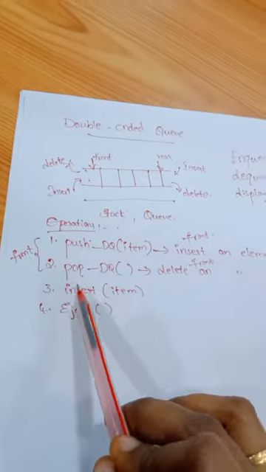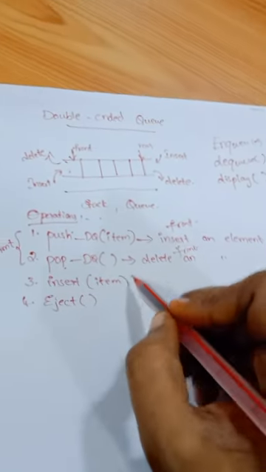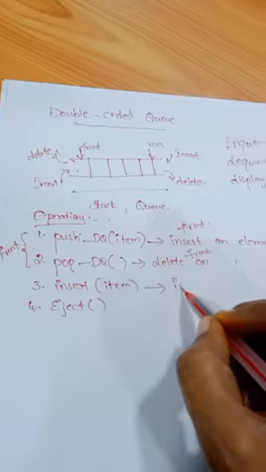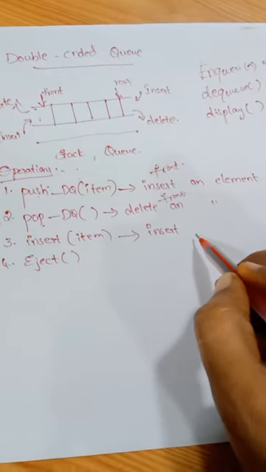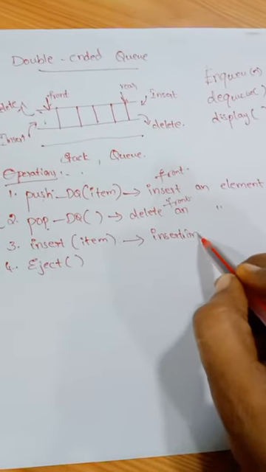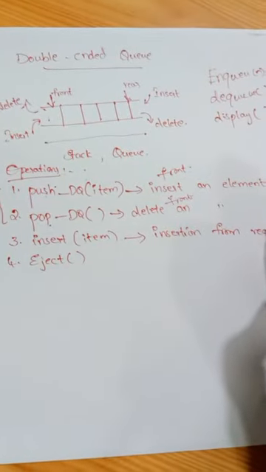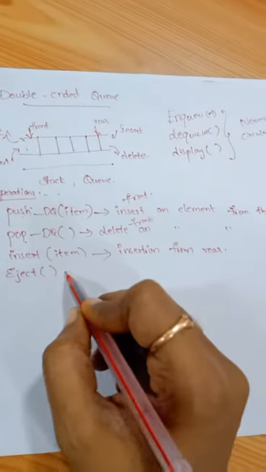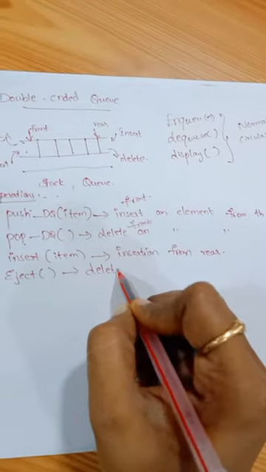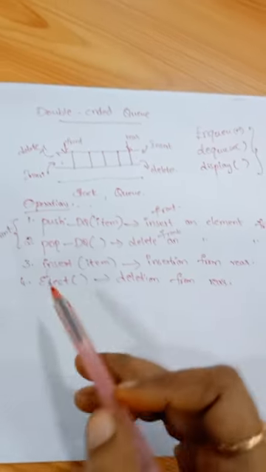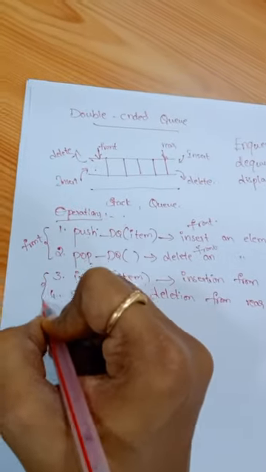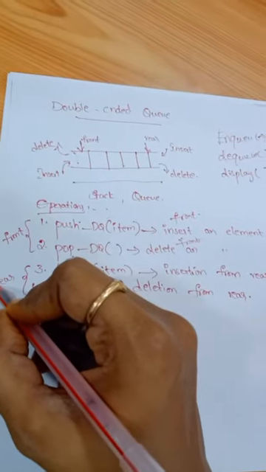These two operations, insertion from the front and deletion from the front, we perform from the front end. Insert means insertion from the rear, and eject means deletion from the rear. So insert and eject are performed at the rear end.